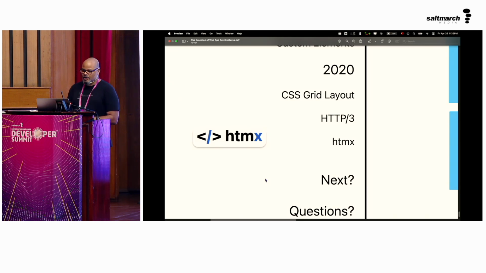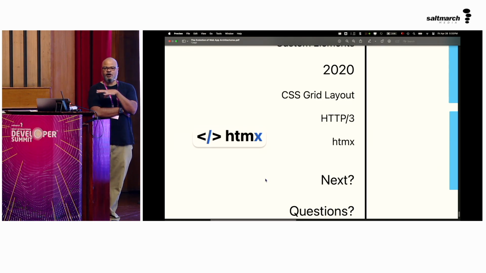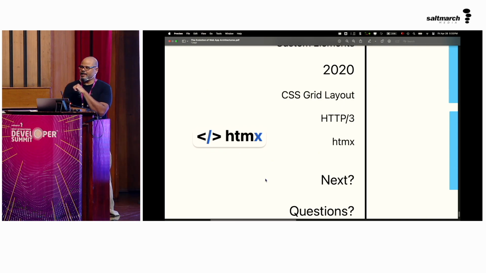And also, I'm surprised at the number of people that have lately asked me about HTMX. HTMX takes a different approach to all the things we talked about. It is built in JavaScript, but the way that you use it is by adding special HTML attributes to your elements. You can take any element and add AJAX support to it, so it can make a request, and you can do other dynamic functionality.